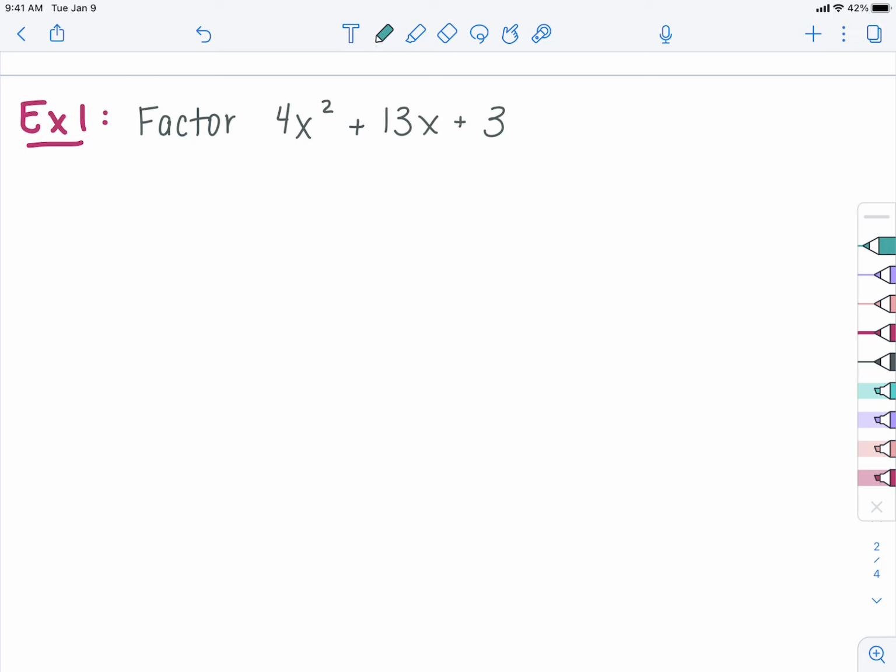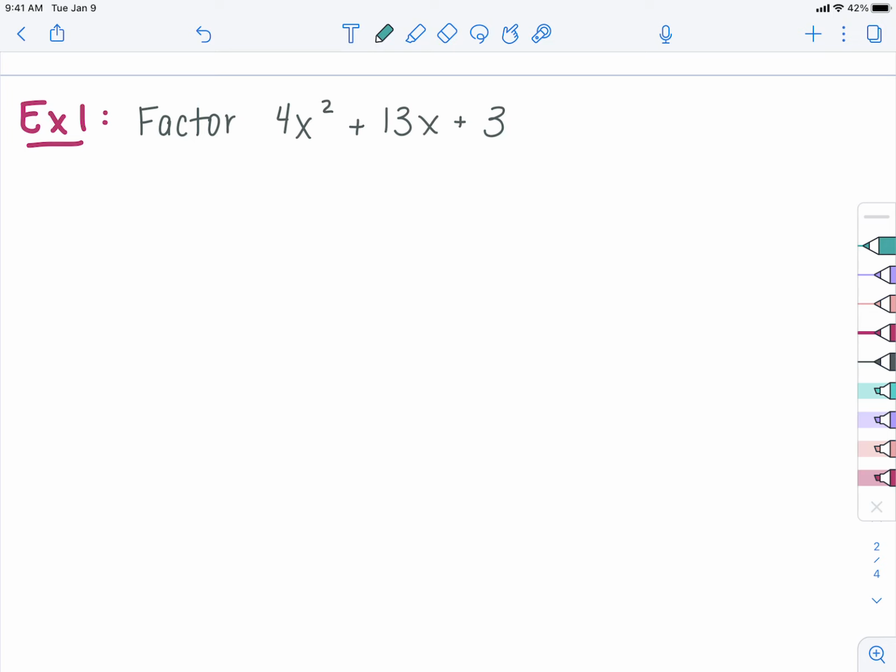So now we're going to factor 4x squared plus 13x plus 3. It looks very similar to even the do now questions. The only difference is we've got that 4 out in front.